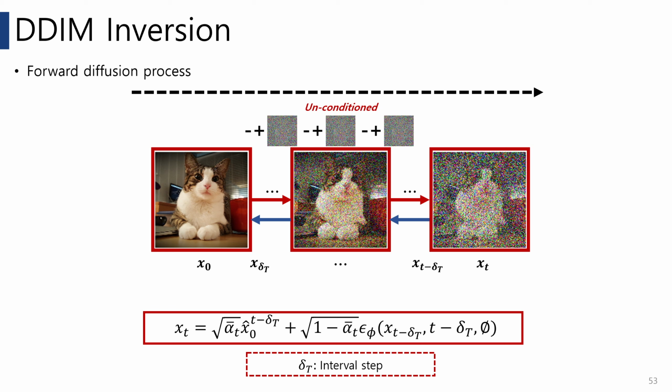It then goes through repeated denoising and noising steps according to the defined interval steps delta until reaching xt. The key here is that this process is solely about converting the rendered image into a noisy latent. This means that the noise must be unconditioned, without any text information included.